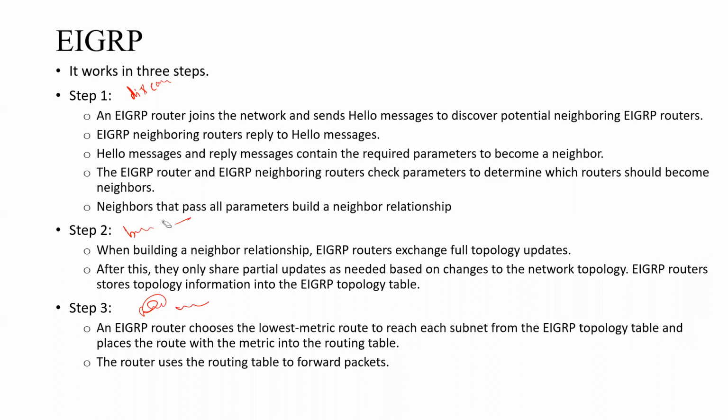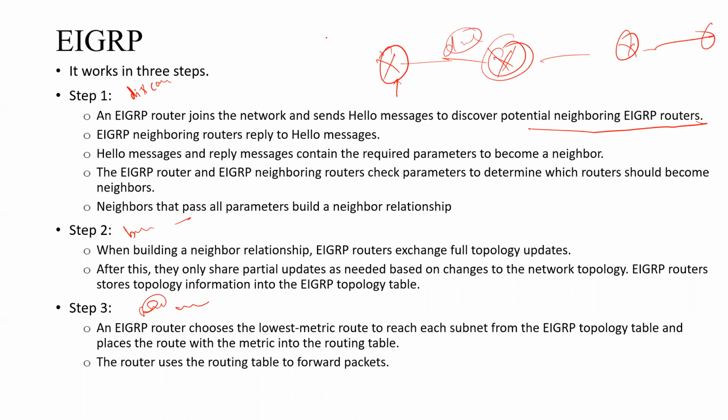If you read this, an EIGRP router joins the network and sends hello messages to discover the potential neighboring EIGRP routers. It means that suppose in an organization you are configuring EIGRP in this router. If traffic has to go through like this, it should know the neighbor routers.